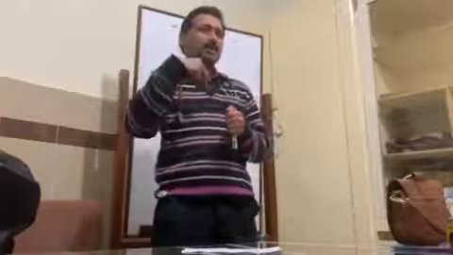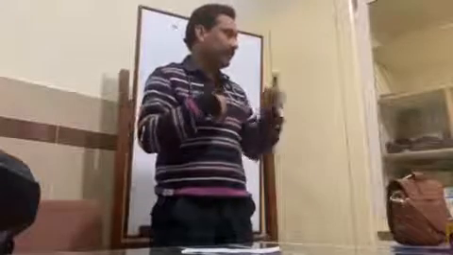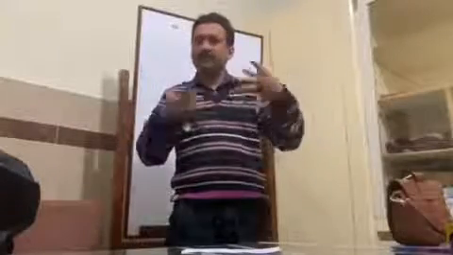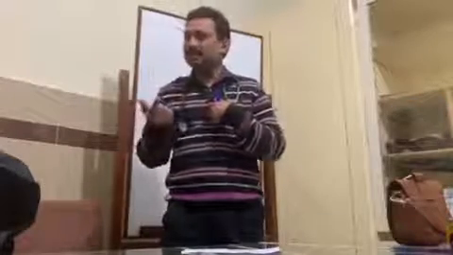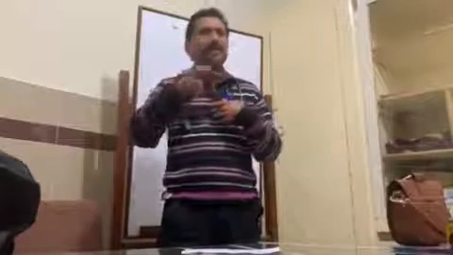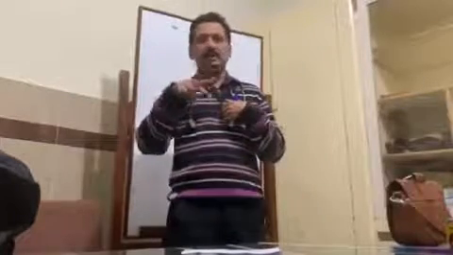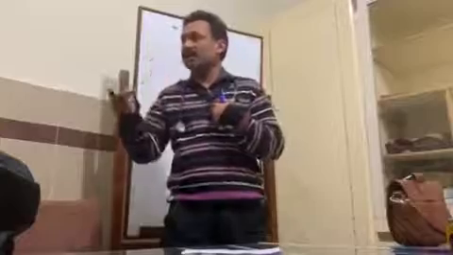So 2 things will happen if the bug results in infection of either the bronchi or the major lung parenchyma. And if it goes high, then it will lead to laryngitis, epiglottitis, tracheitis, pharyngitis, tonsillitis, and sinusitis. So it's easy to understand these things.